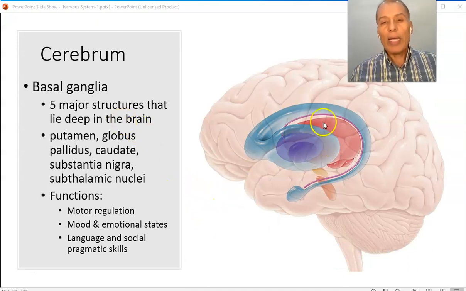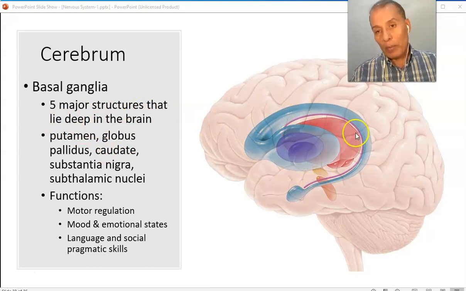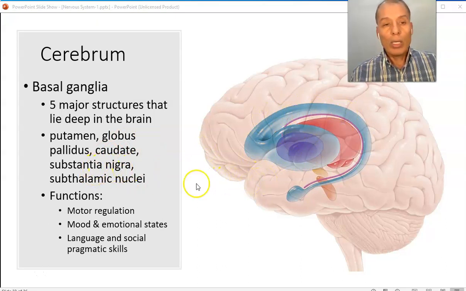So the basal ganglia have 5 major structures. These are deep in the core of the brain, within the white matter. One structure is called the putamen, one is called the globus pallidus, one is called the caudate, this structure, one is called the substantia nigra, and one is the subthalamic nuclei.